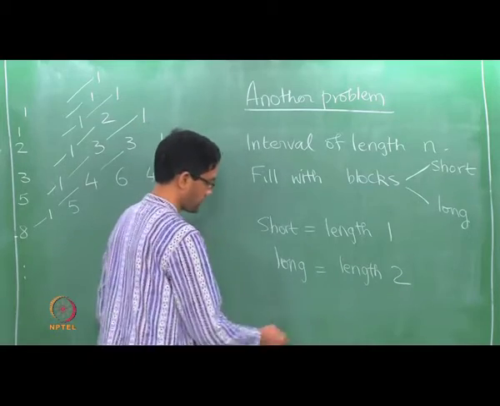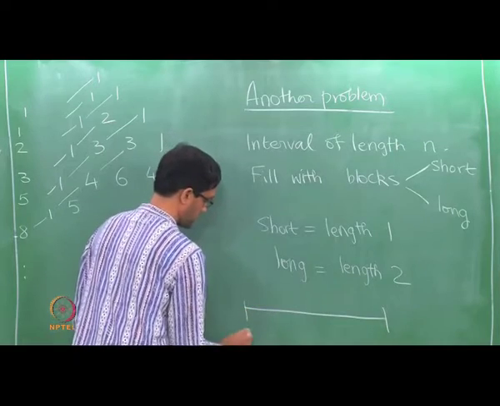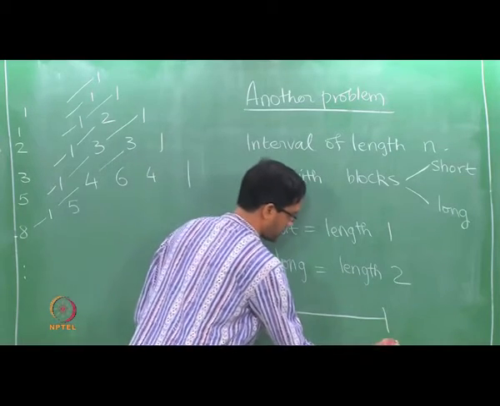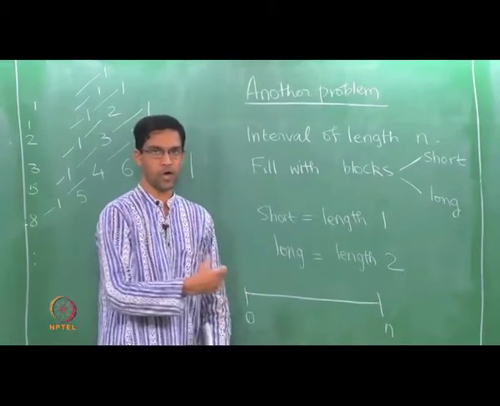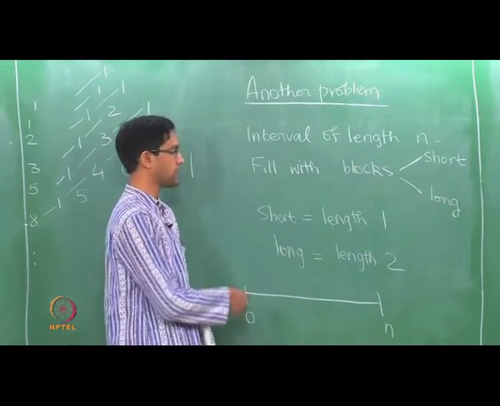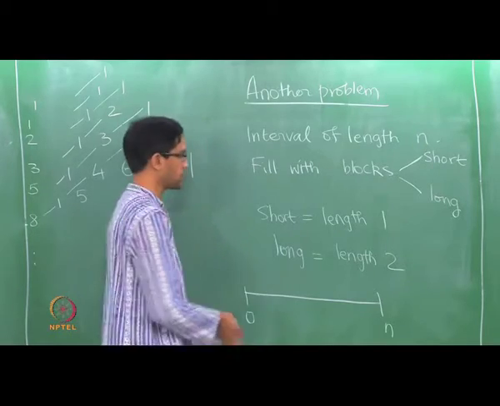So imagine that you have, say, between 0 and n. So you have this interval, and now what you want is to fill this up with blocks. By a block we mean, well, there are two kinds of blocks. There are short blocks and long blocks. A short block is of length 1.